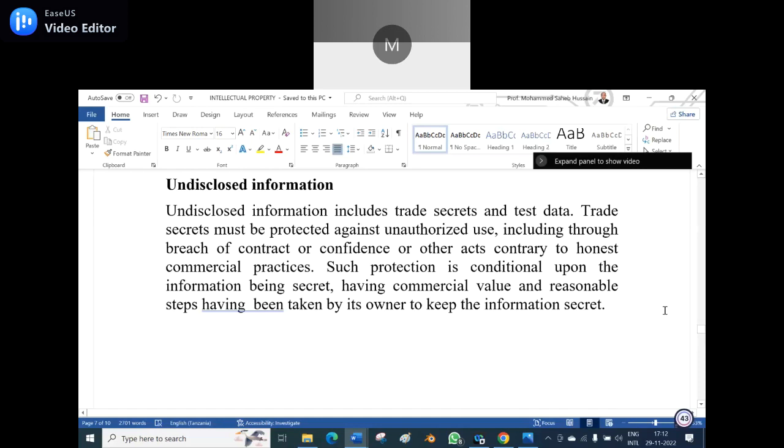Moreover, don't tell any secrets to ladies, including your wife. I repeat, don't tell any secrets to ladies, including the wife. Fill up the blanks.